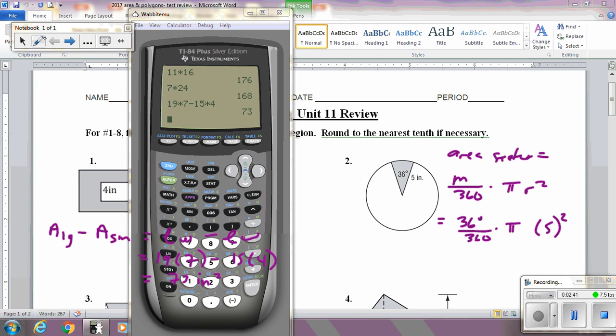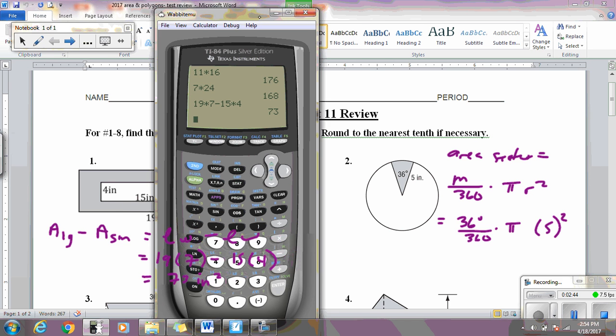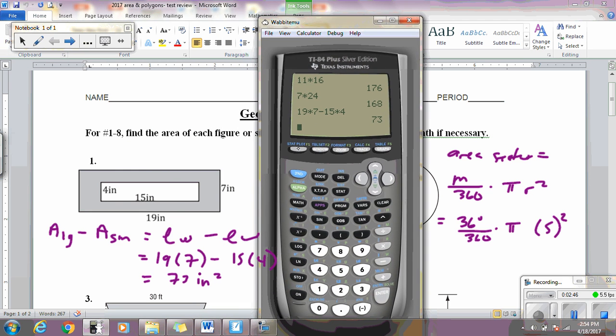And again, with the graphing calculator, you can type it all at the same time. So I would put 36 over 360 in parentheses, and then pi, 5 squared.